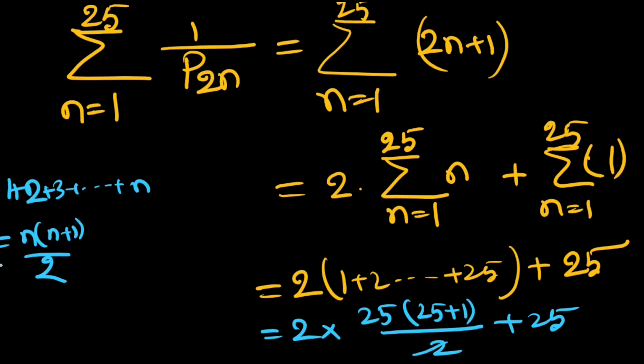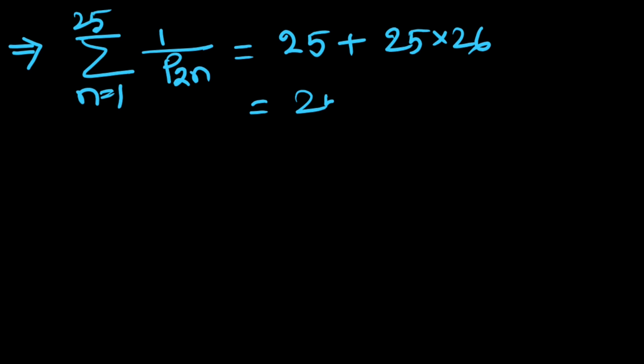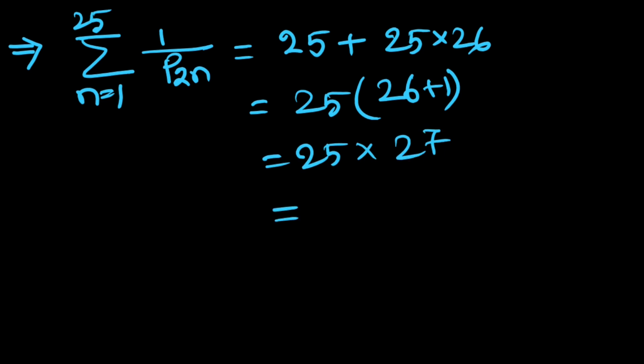Therefore summation n = 1 to 25 of 1 over P(2n) is equal to, here 2 cancels, then 25 times 26 plus 25. Therefore 25 plus 25 into 26 is equal to 25 common, (26 + 1) = 25 into 27, that is equal to 675.